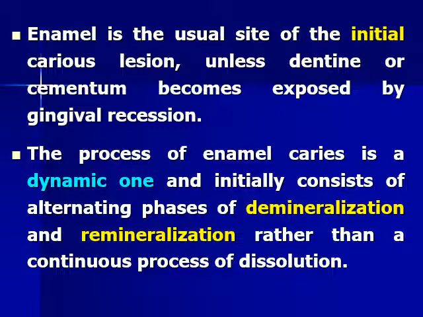These minerals come either from the saliva and the minerals in the food that we eat, or from the inner surfaces of the teeth where the acid removed some of the minerals. On their way out of the tooth, they can be reprecipitated again in the areas which were affected, and so this is remineralization or repair. It takes place all the time, so caries is a dynamic procedure, demineralization followed by remineralization.